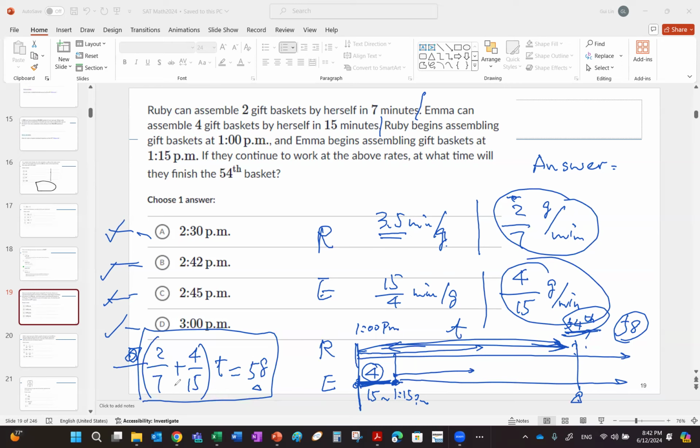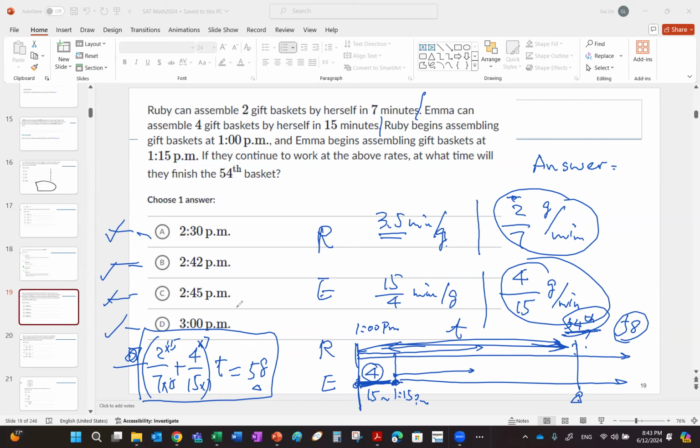So we need time here, and we need some calculation. We need to find a common multiple, so we need to times 15 or times 7. Okay, we need a calculator, it looks like.